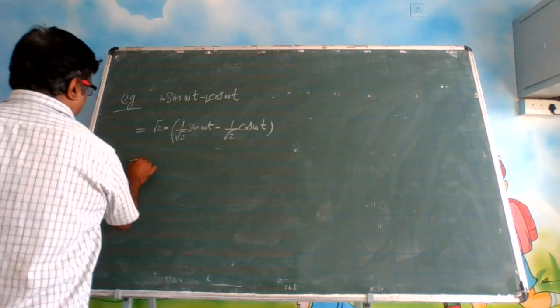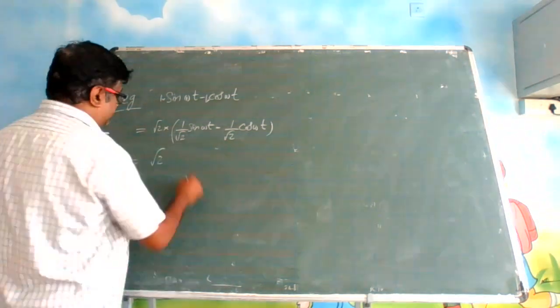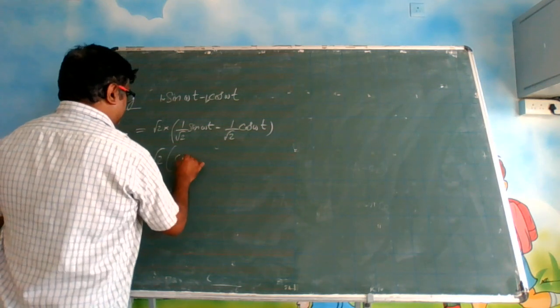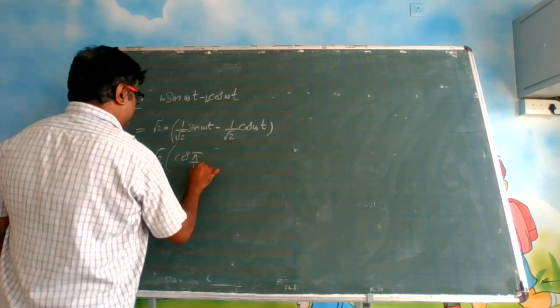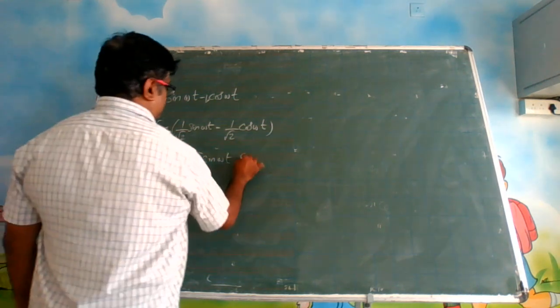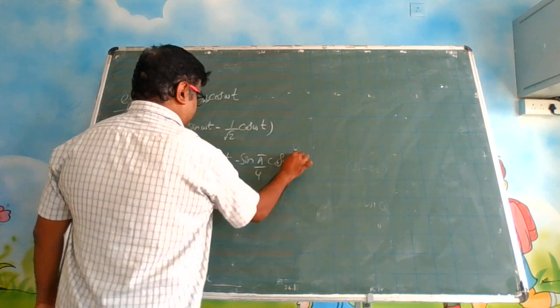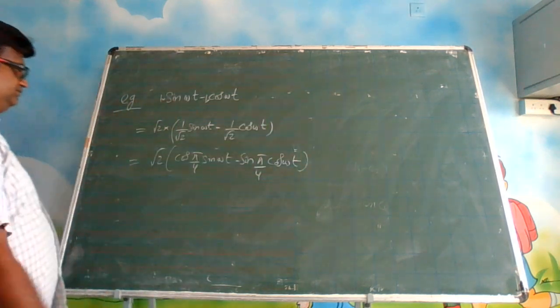So you know very well that root 2 I can write as cos 45, so I can write it as cos pi by 4 sin omega t minus sin pi by 4 cos omega t.